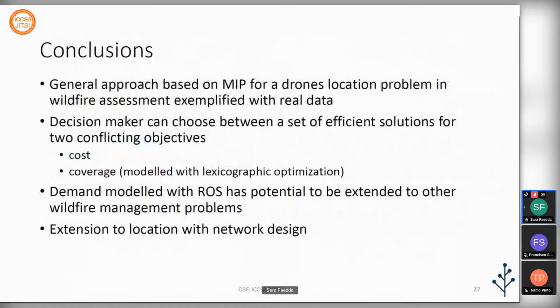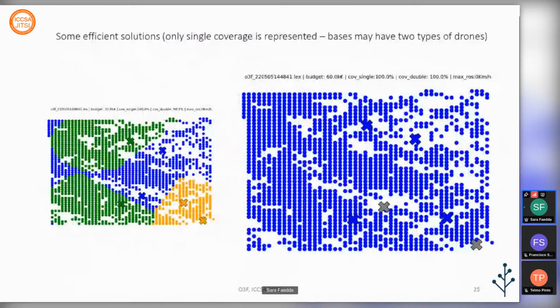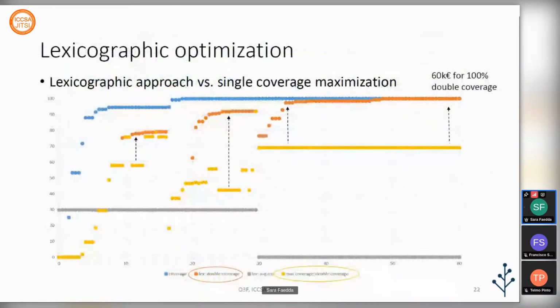You can compare the lexicographic with the previous one. The yellow was the maximum coverage before, and with the lexicographic, it's the orange.